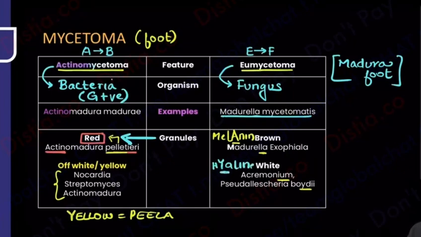So anything with the Y or U sound is going to come under it, like Acremonium or Boydii. All these Y and U ones are hyaline, which means it doesn't have a color, it's white. Whereas all the ones showing melanin, the A ones, Madurella was one of them. If you know your starting basics of the fungal chapter well, half your battle is won.